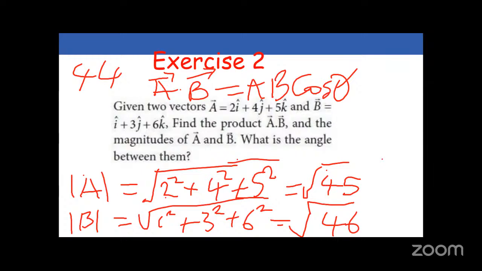Now, we have A dot B as 44. We have magnitude A as square root of 45, and magnitude B as square root of 46.